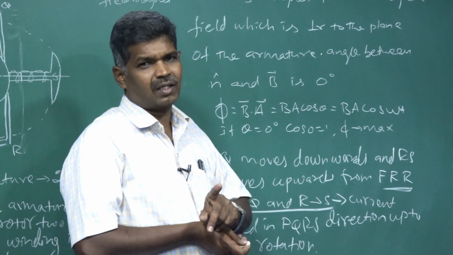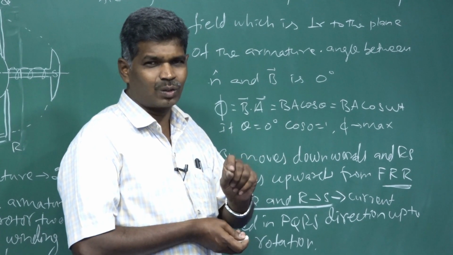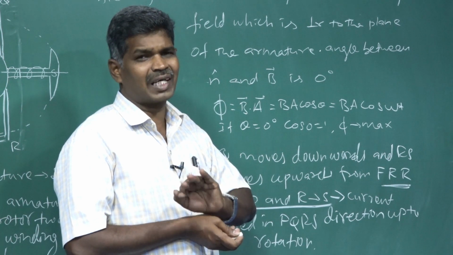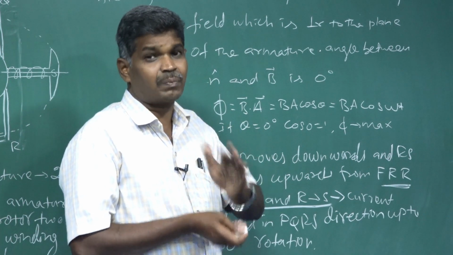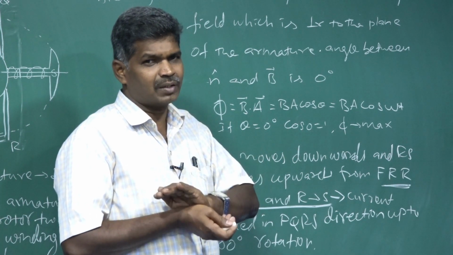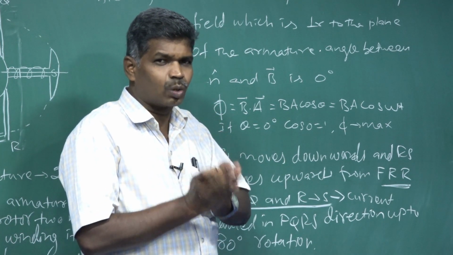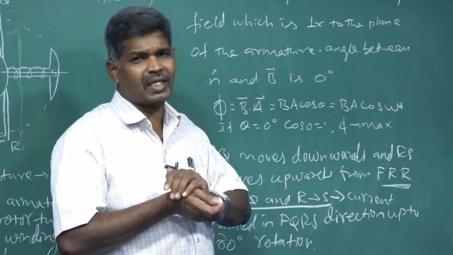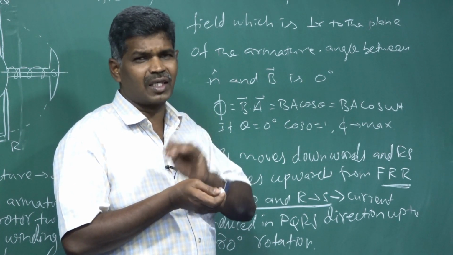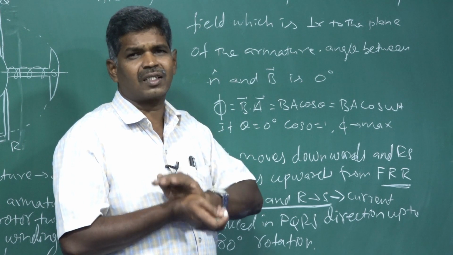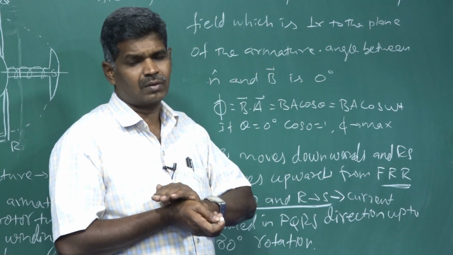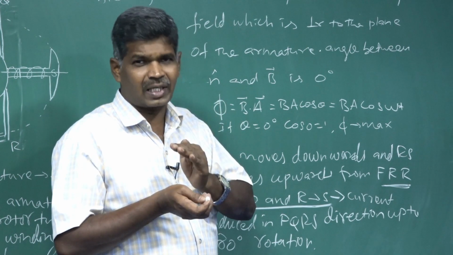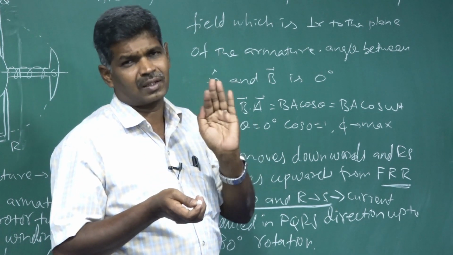If you rotate the magnet, we consider that the armature's PQ conductor moves in a downward direction and the RS conductor moves in an upward direction, from zero angular rotation to 180 degree rotation. After that 180 degree, from 180 to 360 degree, the conductor movement is in the opposite direction.